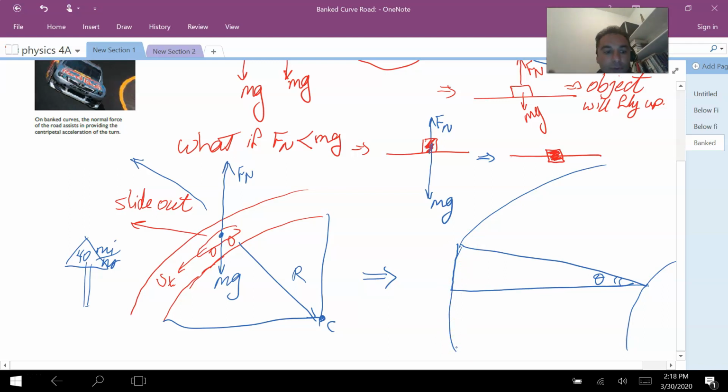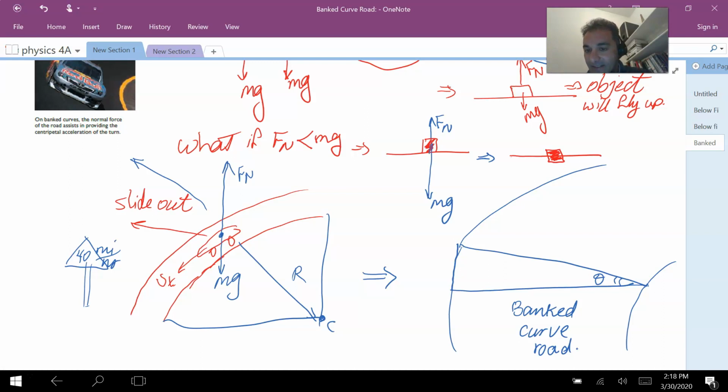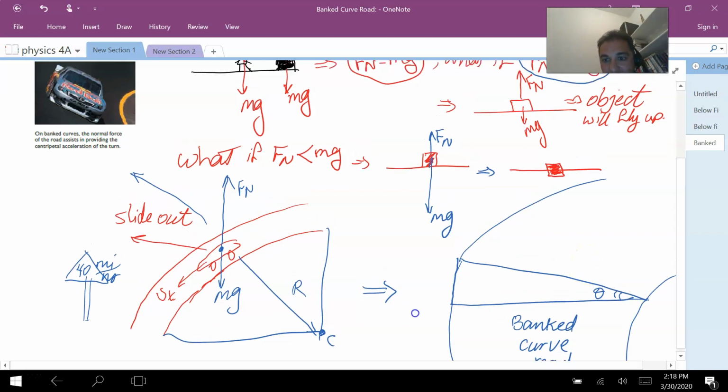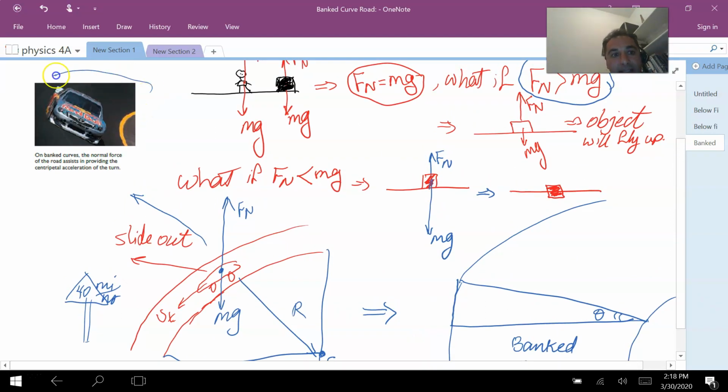So if we want to prevent our car from sliding out, we make a banked curve road. What we do is we make a tilt in that part of the curve. This picture is called a banked curve road, the same as the picture that I copy pasted from your book.